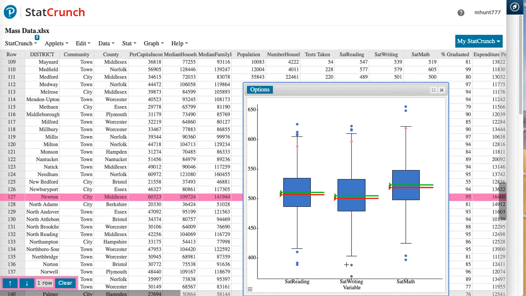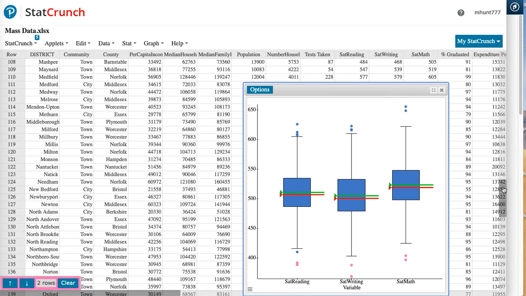And in fact, here we have some low outliers. Across all districts, communities, cities, and towns, there are two low outliers for math. Let's see what they are.